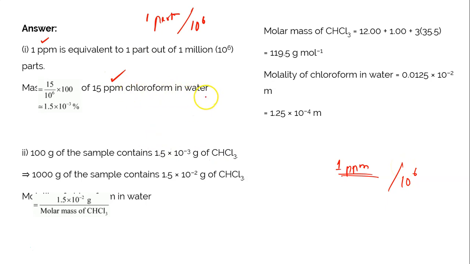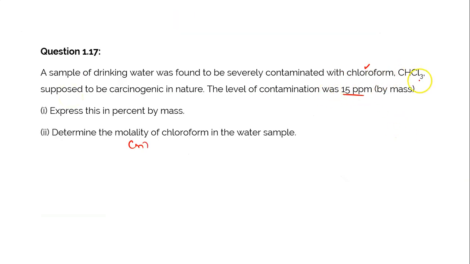So this 15 ppm of chloroform in water means you are having 15 parts of chloroform in total 10 to the power 6 parts of water. Fine. And now when you try to convert this into mass percentage, you simply have to multiply this with 100. Why? Because in the question they already have said that you are talking about ppm, parts per million, in terms of mass.